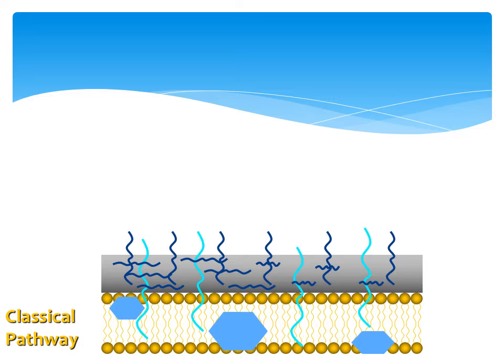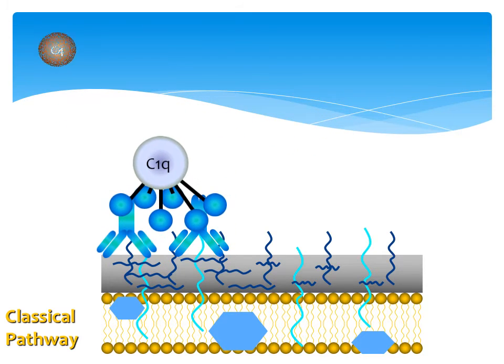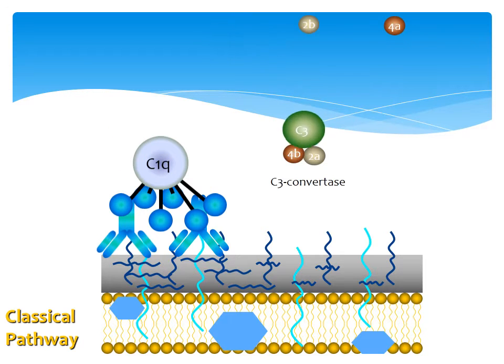In the classical pathway, the complement system is triggered when an antigen-antibody complex binds to and stimulates the protease activity of the factor C1. So you can see this is the foreign cell and the Y-shaped antibody is bound. Now what happens when C1 is cleaved?